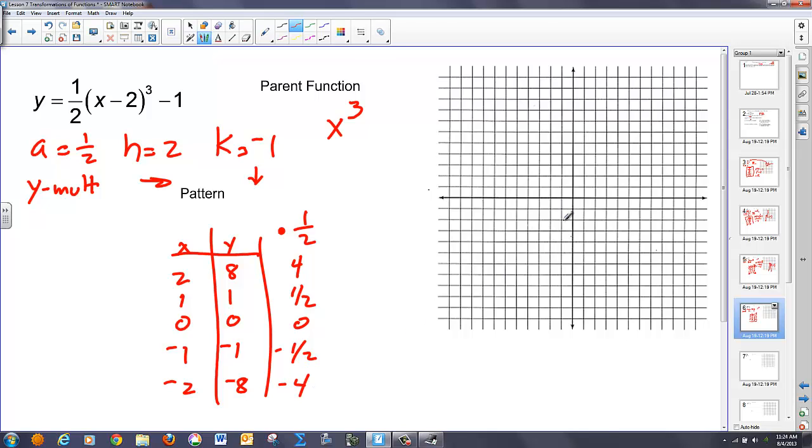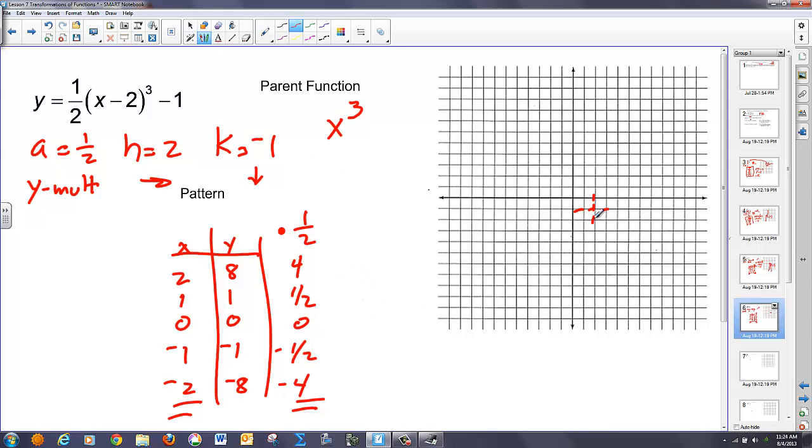So I translate over 2 and down 1 for my new fictional origin, if you will. And from that new origin point, I'm going to graph the following pattern of x and my transformed y value.